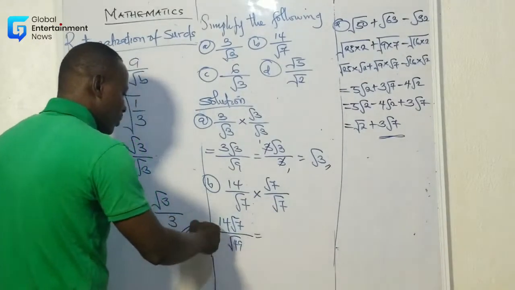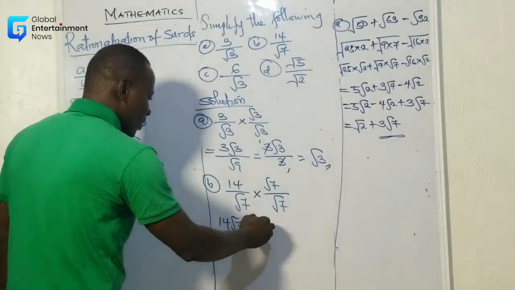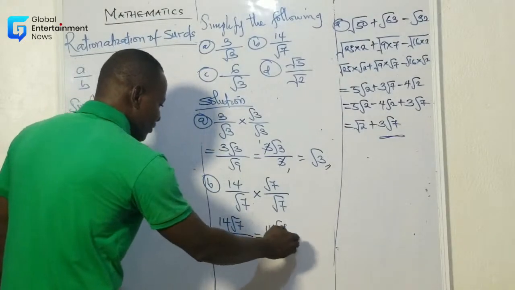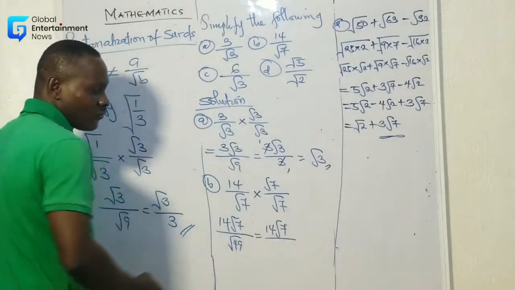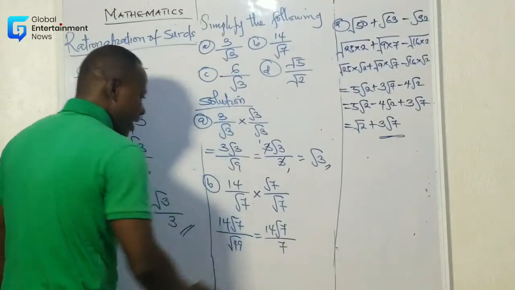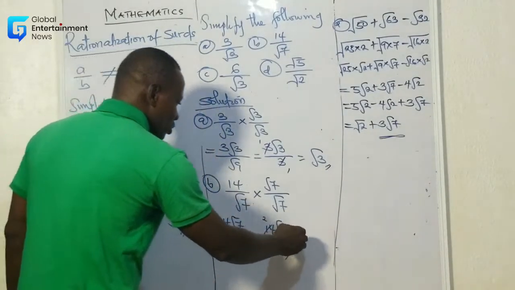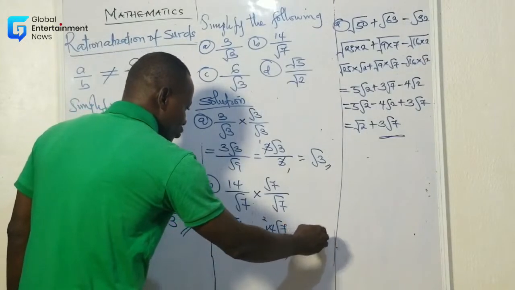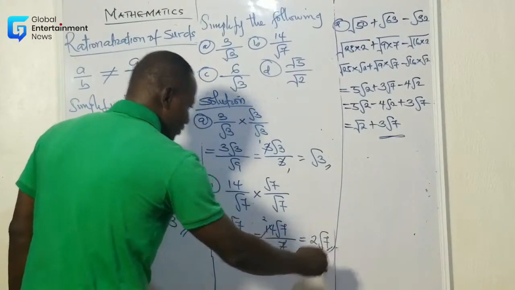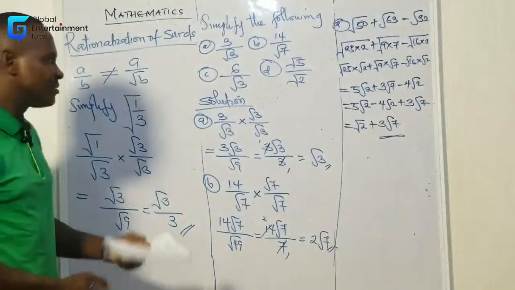What is the square root of 49? 7. So 7 over 7 is 1, and 14 over 7 is 2. So what is my final answer? 2 root 7.